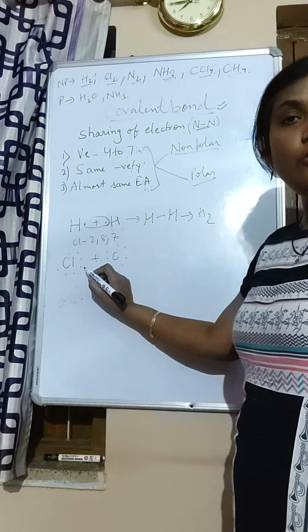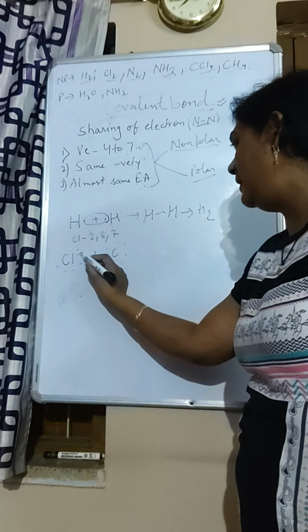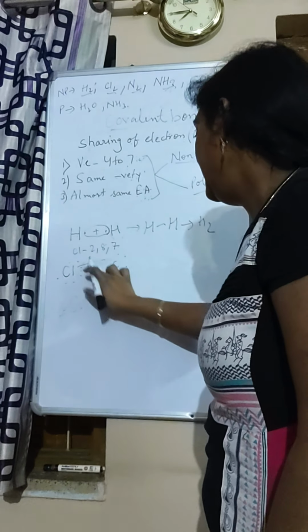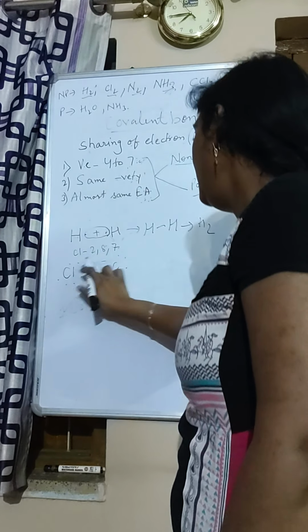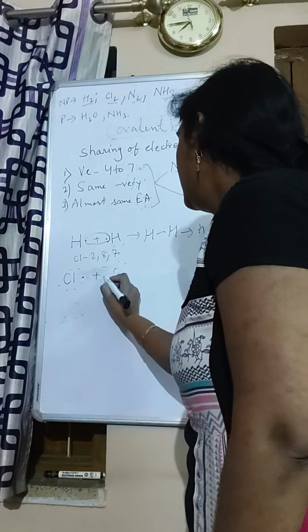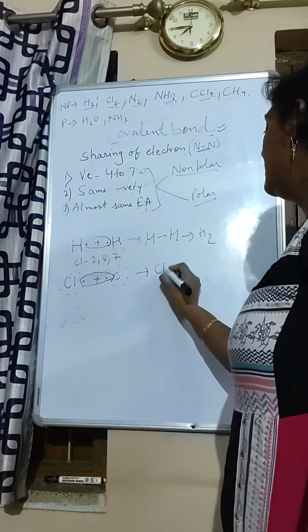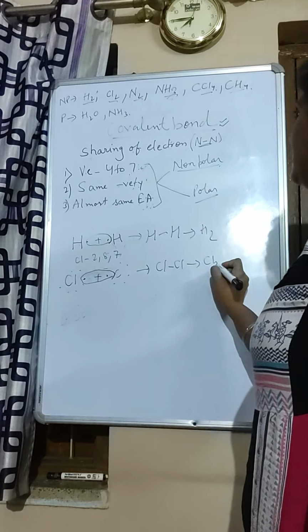They need 8 in the outermost shell, an octet, the nearest noble gas configuration. So they combine with one bond, again a single covalent bond, Cl2.